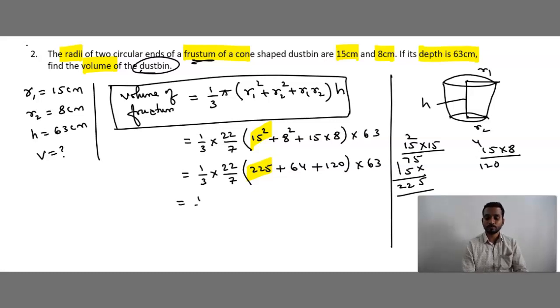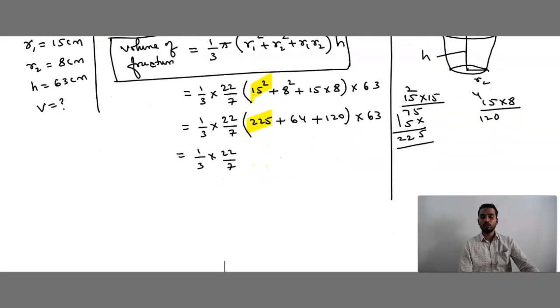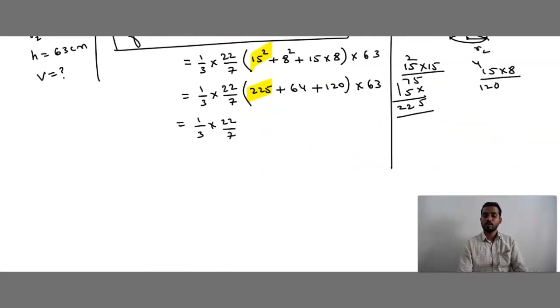That's 1 by 3 into 22 by 7, into, now what are the terms we should add? 225 plus 64 plus 120, right? 5 plus 4, 9, 6 plus 2, 8, 8 plus 2, 10, 3 plus 1, 4, that is 409, right?